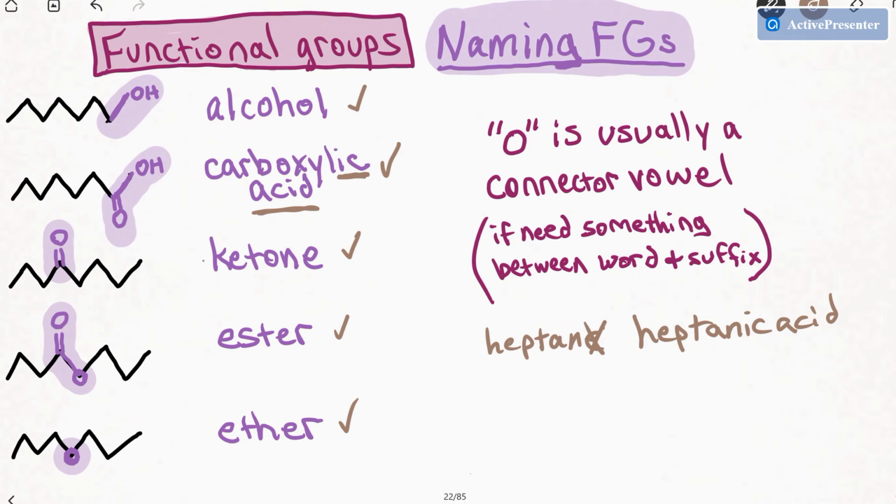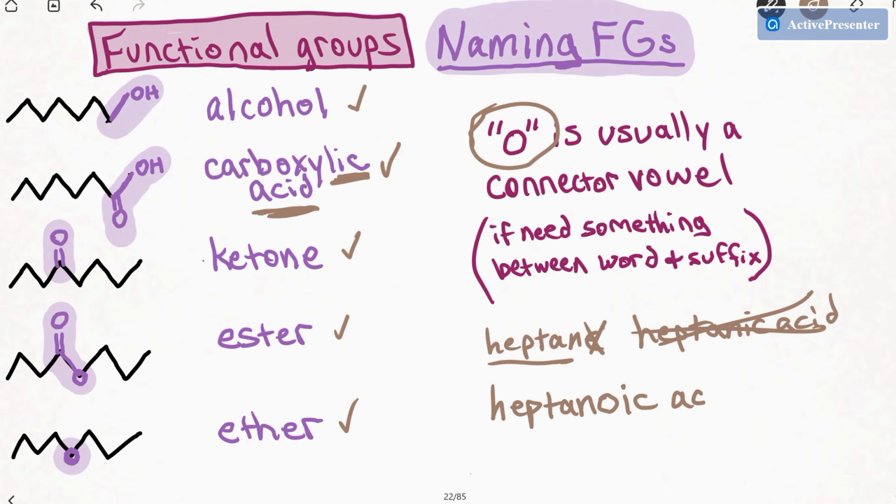That sounds weird, right? So we want to use an O as a connector vowel to connect the heptane section to the ic acid section. So we go heptane, drop that E and replace it with the O, and then we put ic acid at the end, in the case of having a heptane with a carboxylic acid at the end of it.